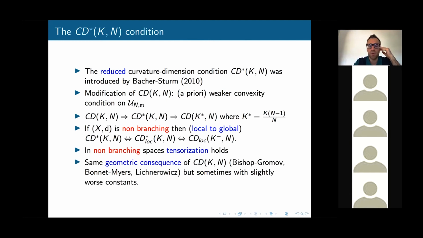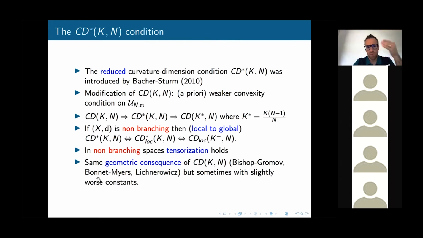And the nice thing is that this CD* condition has the same geometric consequences as CD(K,N): Bishop-Gromov, Bonnet-Myers, Lichnerowicz, but linked to this worse lower bound, they sometimes have slightly worse constants if you don't assume anything more on the space.